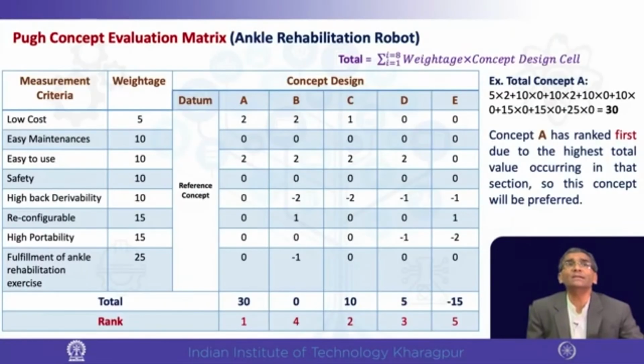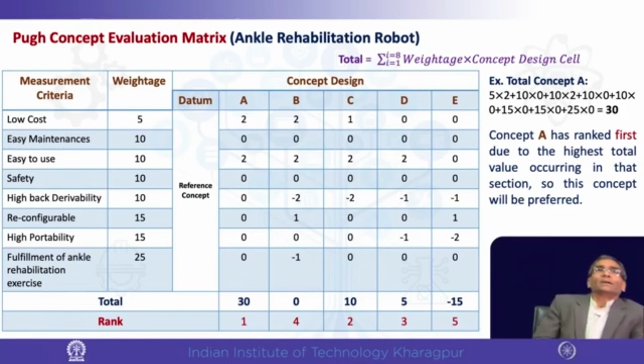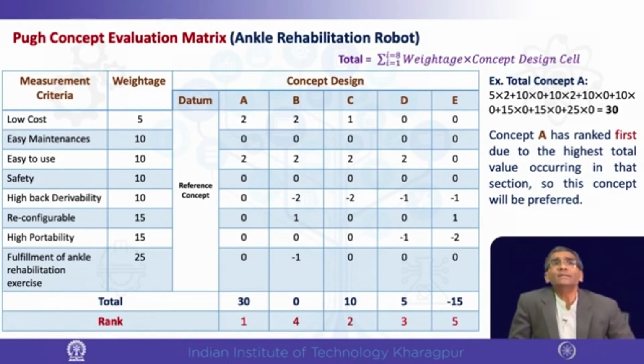Here what we see is the measurement criteria by the customer: low cost, easy maintenance, easy to use, safety, high durability, reconfigurable, high portability, and finally fulfillment of ankle rehabilitation exercise.